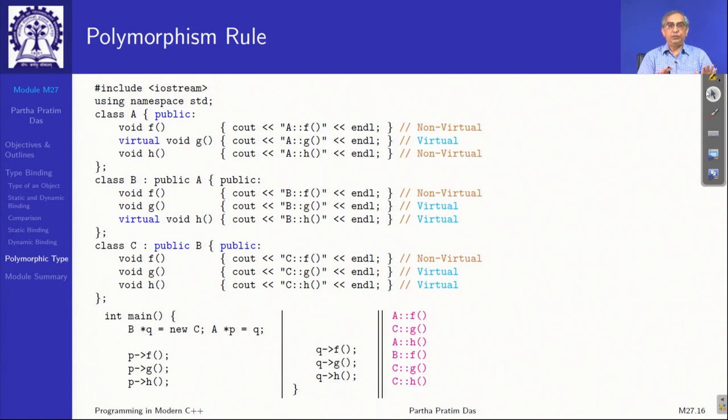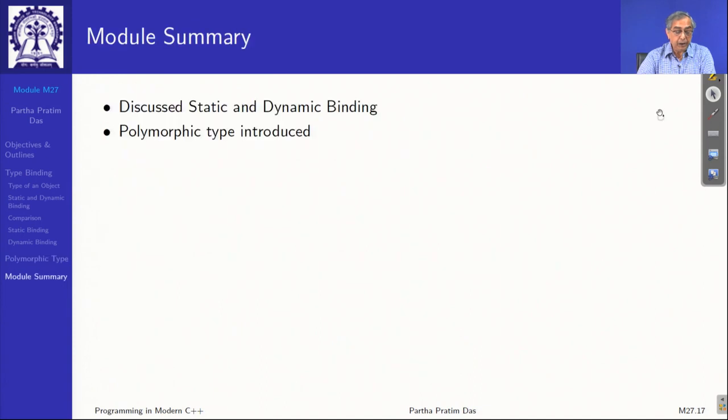If you understand this rule, then the whole handling of polymorphic hierarchy in C++, which is the core of object oriented design in C++, will be like an easy cake for you.